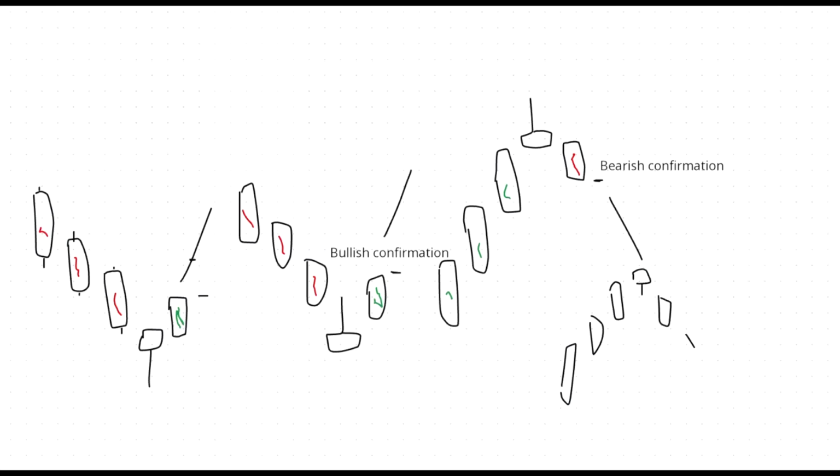Again, a hammer can be a regular hammer, with a bottom wick and a small body, or it can be an inverted hammer with a top wick and a small body. An inverted hammer or a reverse hammer is a top wick and a small body. It can be green, it can be red. It doesn't matter. That's the reason I left it blank, because it can be either color. All right. And we'll go back and fully complete this example by making this green.